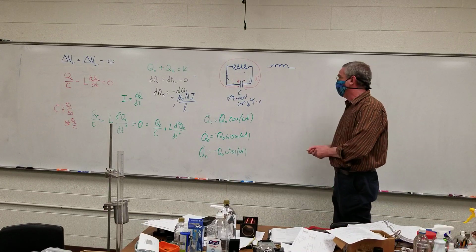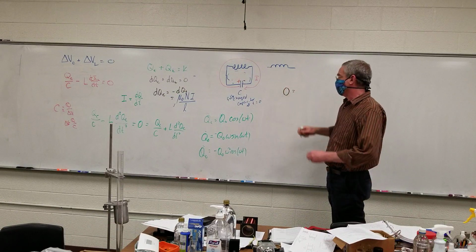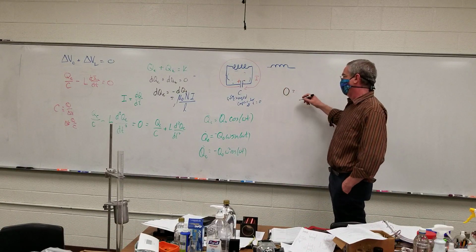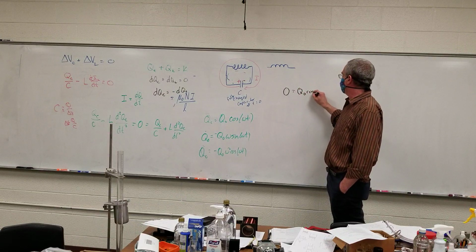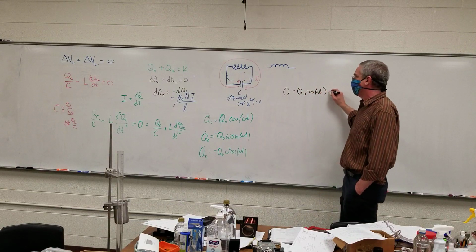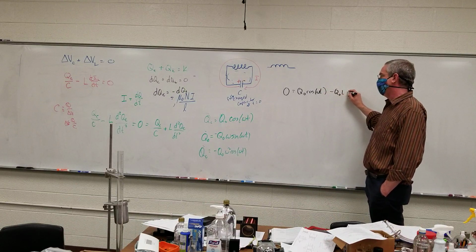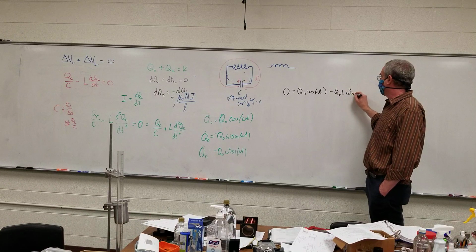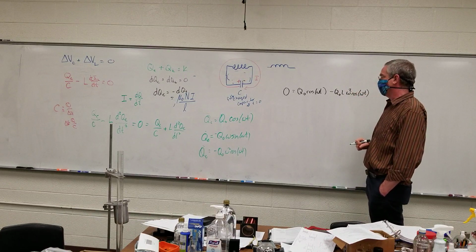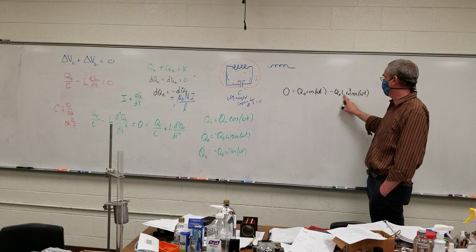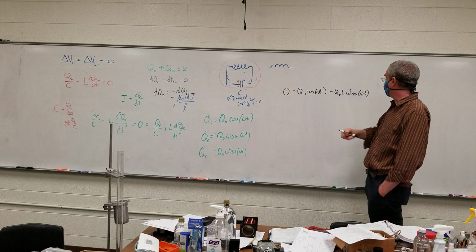And now we plug into our equation over there, and we have 0 equals Q sub naught cosine omega t over C minus Q naught L omega squared cosine omega t. And quick check, make sure I didn't leave something off. So the L comes from my equation, and the rest of it should be that.